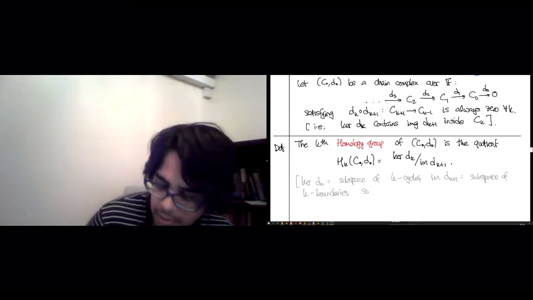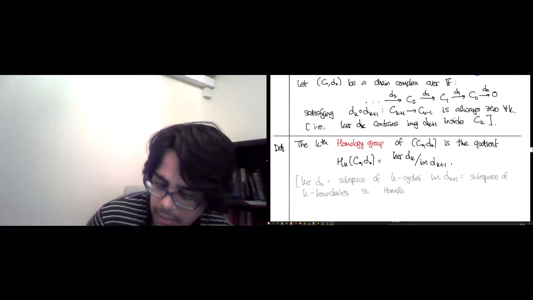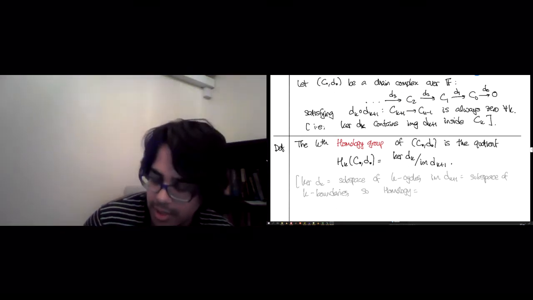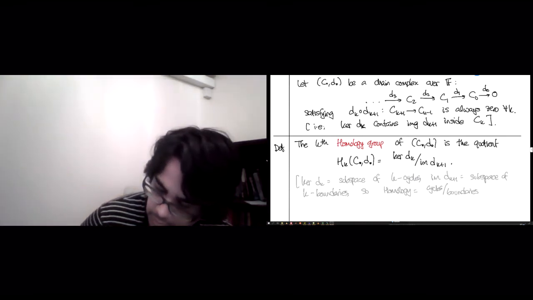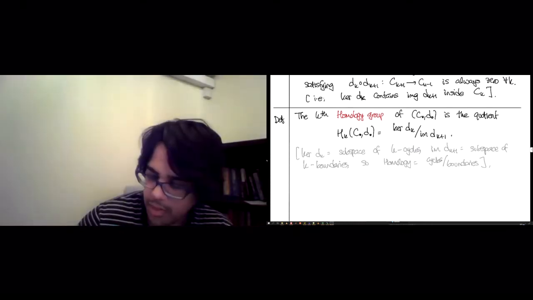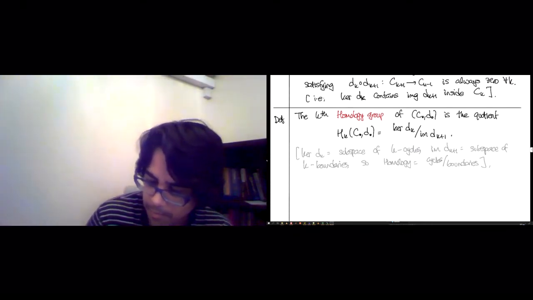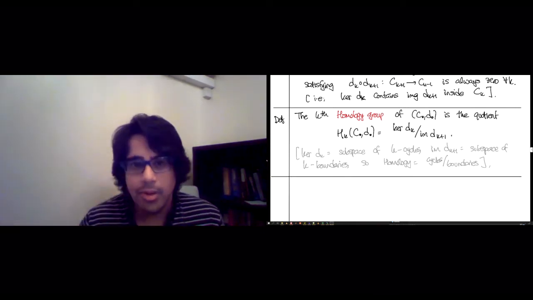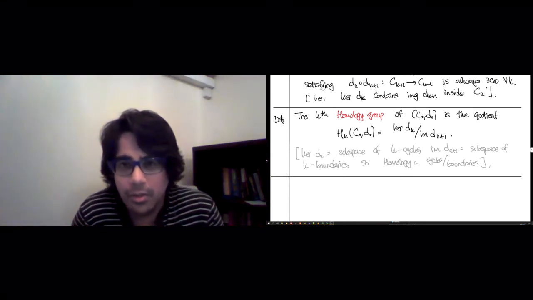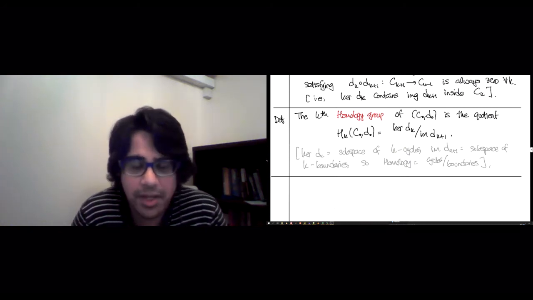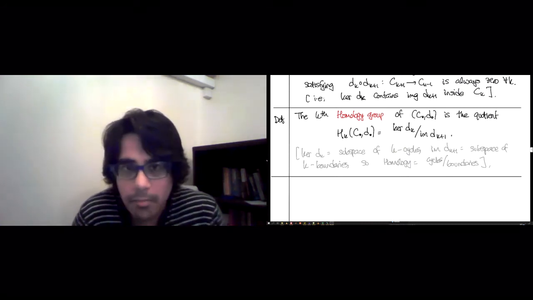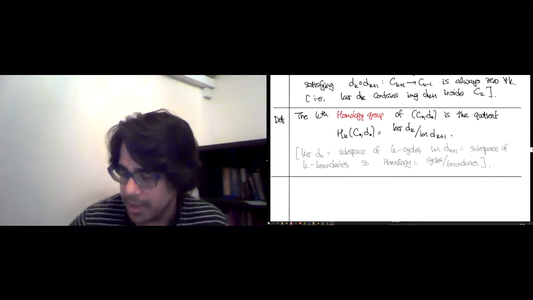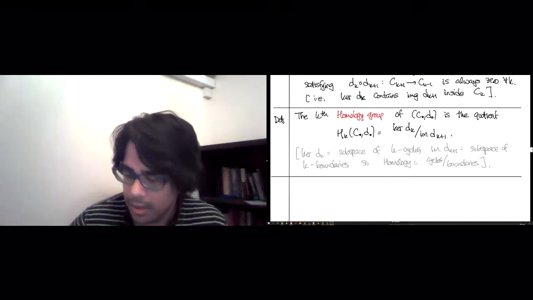So informally, homology in this terminology is cycles up to boundaries. Okay, so as defined here, a homology group is just a vector space. It's the quotient of two vector spaces, so it's a vector space over F, and maybe the most important thing for a vector space is its dimension.